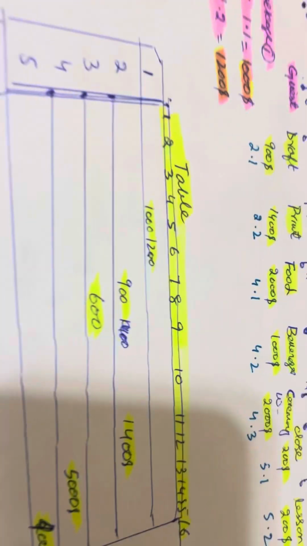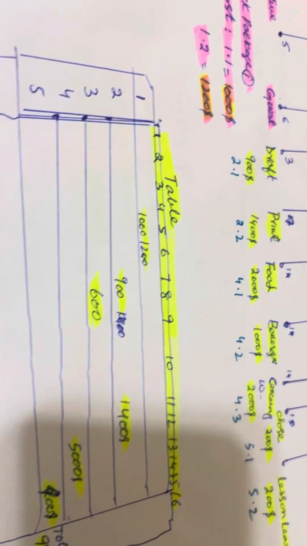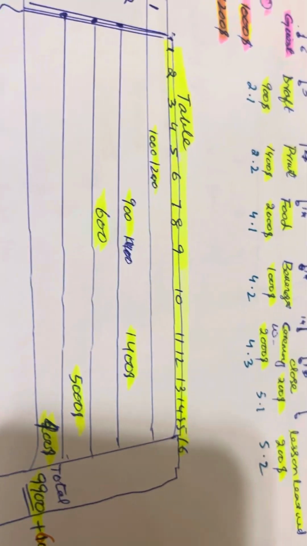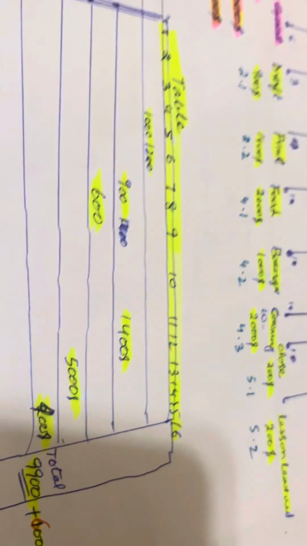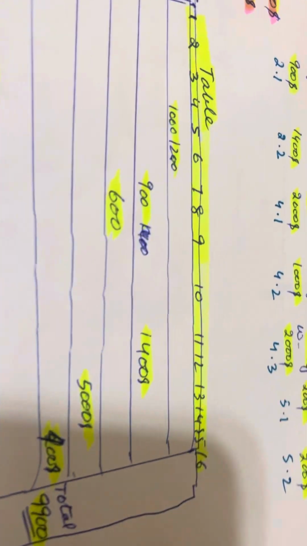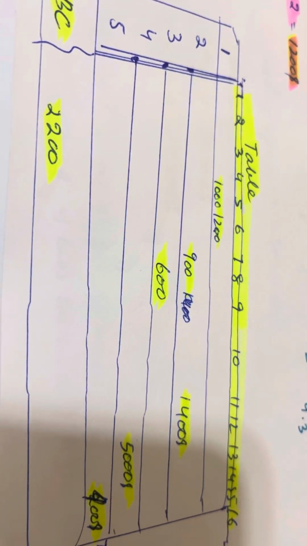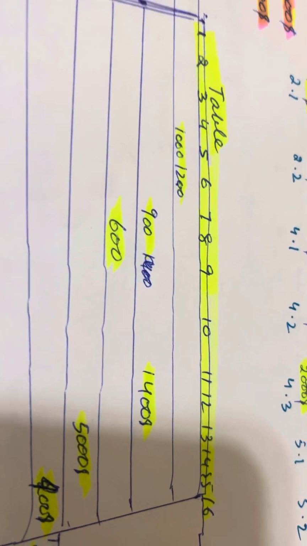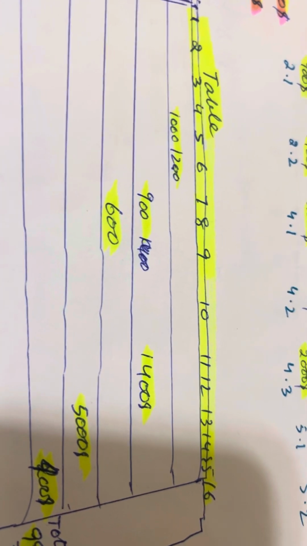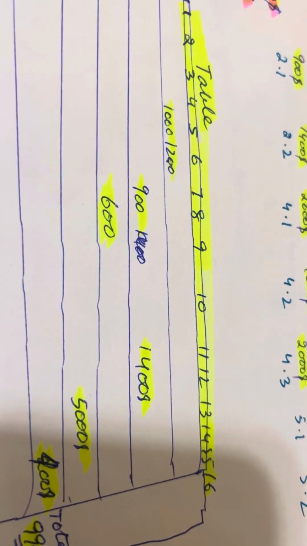So here are the total cumulative budgets. Here is a rough table. I put 16 days here, and the first is day 5 and 12. Up to here we spend almost $2,200.